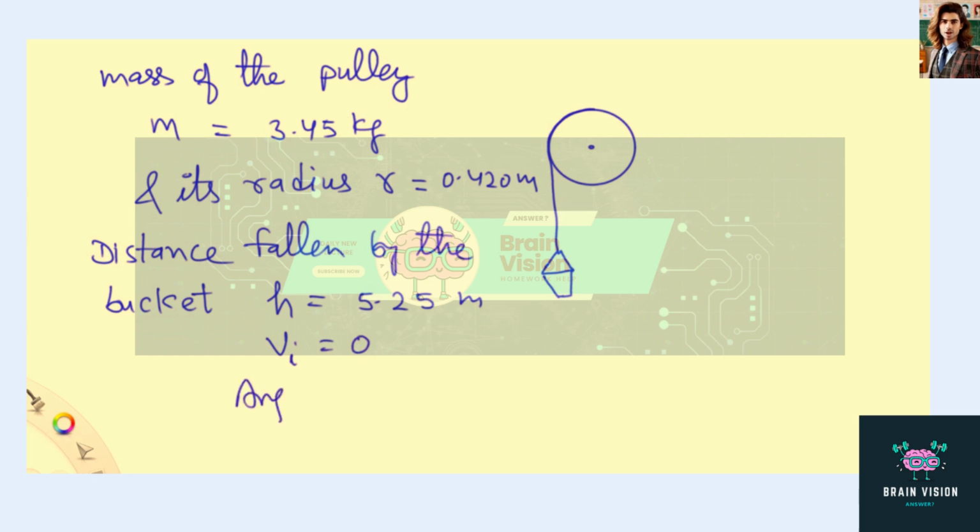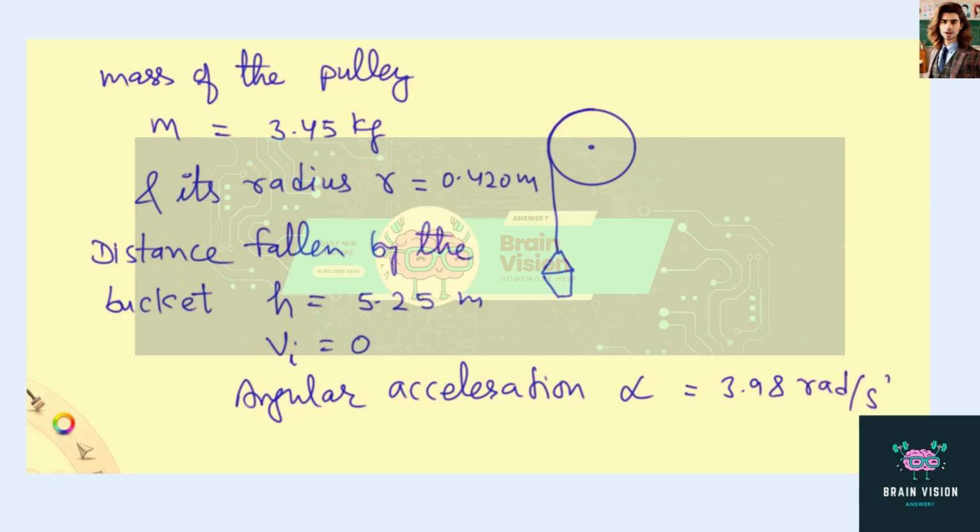Angular acceleration of the pulley as the string was unwinding, alpha, is given as 3.98 radian per second square, and linear acceleration a equal to r alpha is given to us as 1.67 meter per second square.